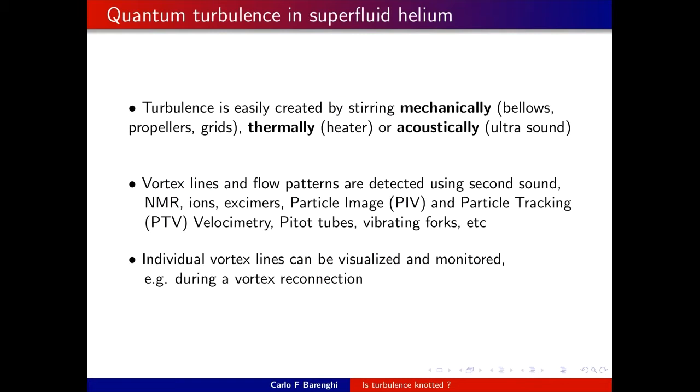Some are fancy, and there is no analogy in classical physics, for example, second sound, NMR. But other techniques are really the classical techniques used by engineers to study turbulence in fluids, which recently have been extended to very low temperature systems.